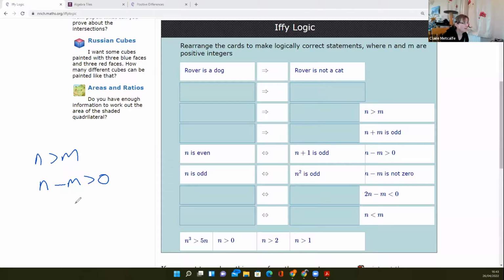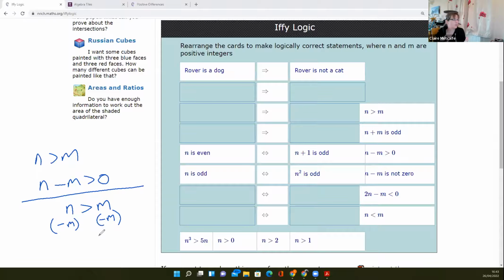Okay, so I think if I start with the first one, n bigger than m, I think I can subtract m from both sides of my inequality, which I can do without changing the truth of the inequality. M could be negative, but then subtracting m would be like adding a number.